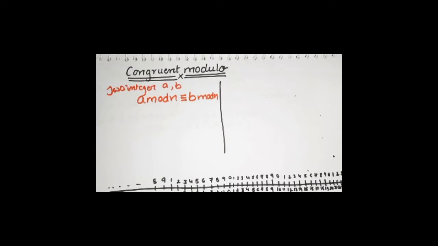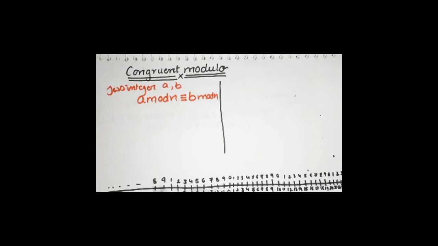Only then two integers A and B are said to be congruent. That is called congruency holding between two integers, or congruent modulo n holding between two integers A and B. So A and B are said to be congruent modulo n when A mod n is equivalent to B mod n. Right?